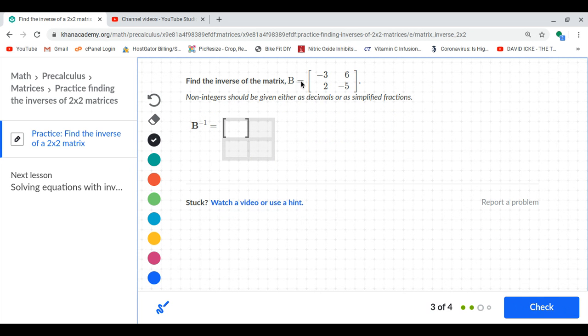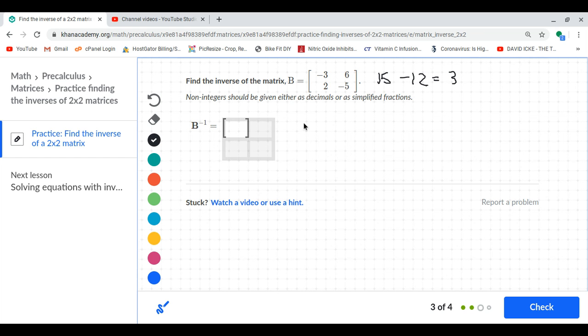Okay, so we're going to find the inverse of the matrix B here. So we want to find first the determinant. Negative 3 times negative 5 is positive 15, minus 6 times 2, so minus 12. So the determinant is 3.